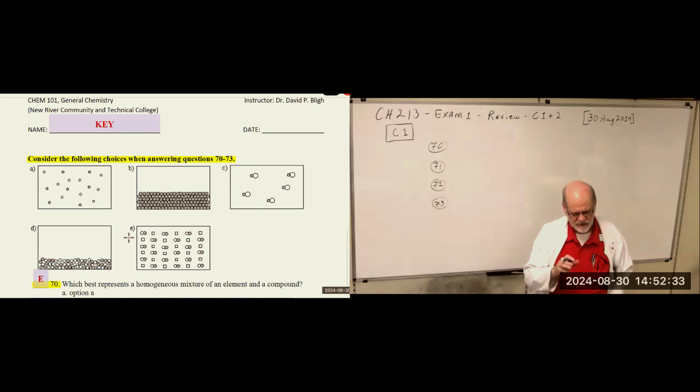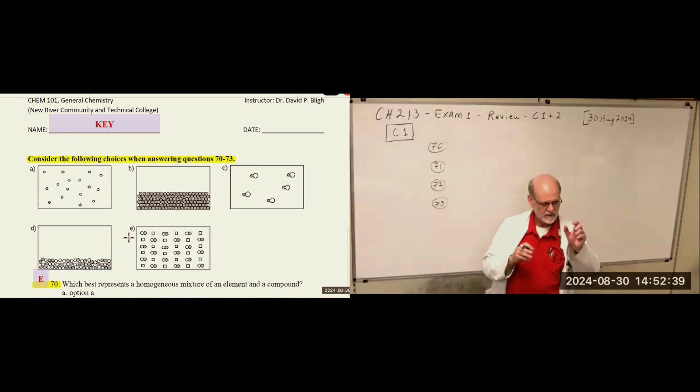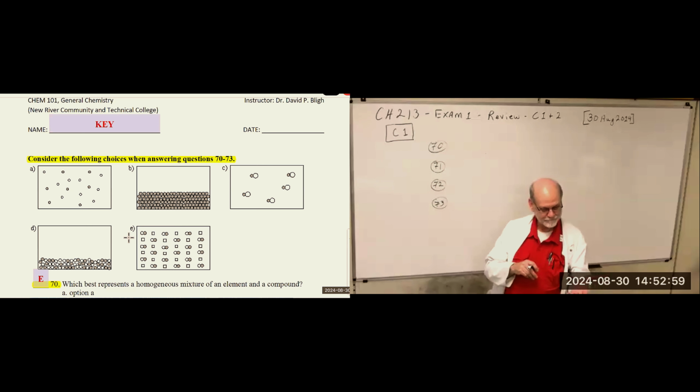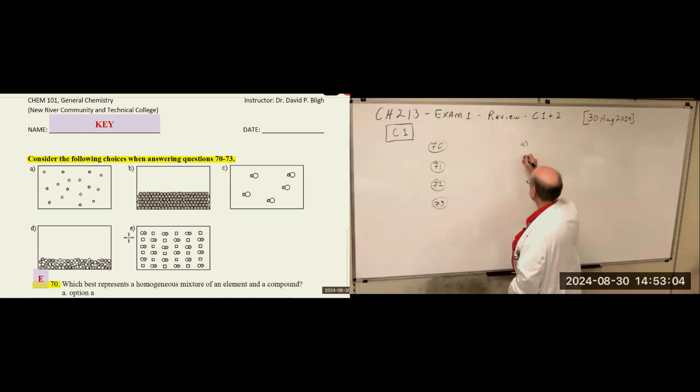We know that they're supposed to be types of elements and compounds. The compounds are represented by two different squares or circles, open or shaded, together. Right, that would be a compound. If you have just a single circle or square, then you've got an element. Okay, so A through E. Let's identify what these things are.